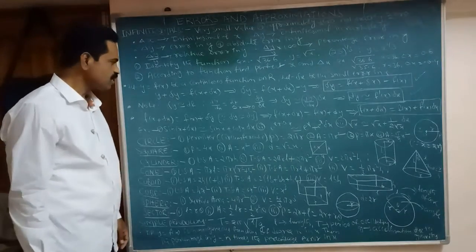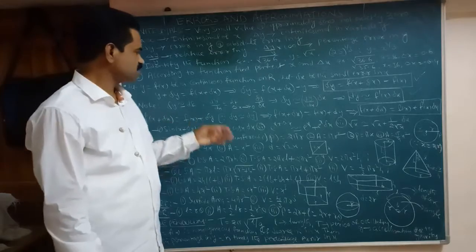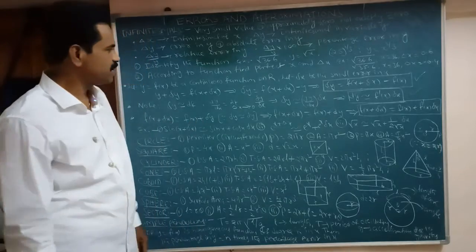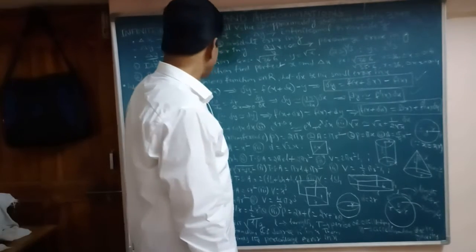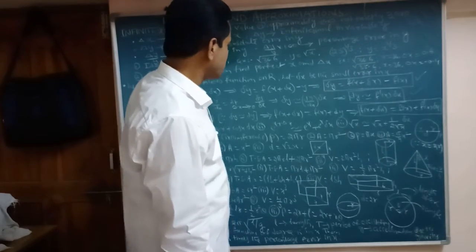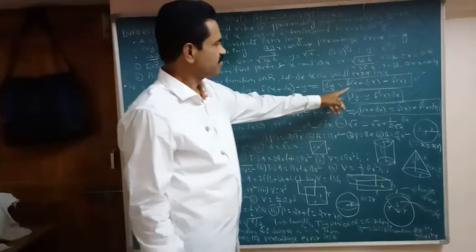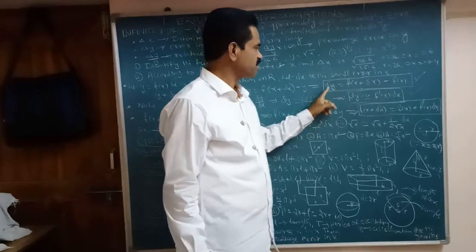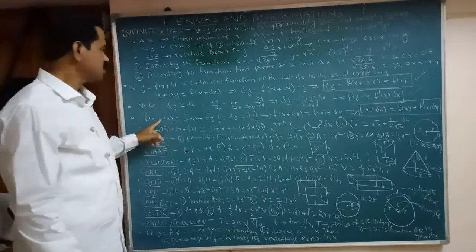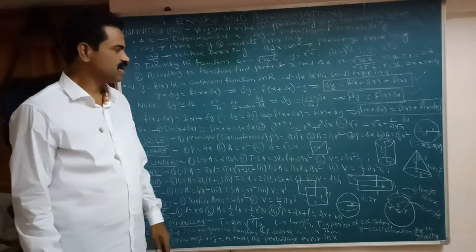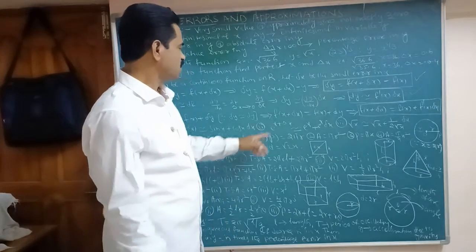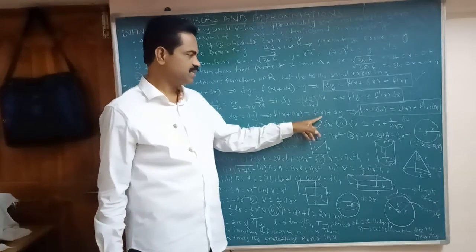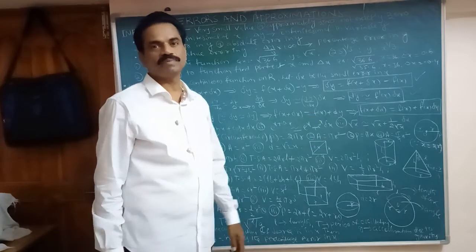And here f of x plus delta x equal to what here? From this one, f of x plus delta x equal to f of x plus delta y, from the first formula. But we know that delta y is approximately dy, so you can write f of x plus delta x equal to f of x plus dy.